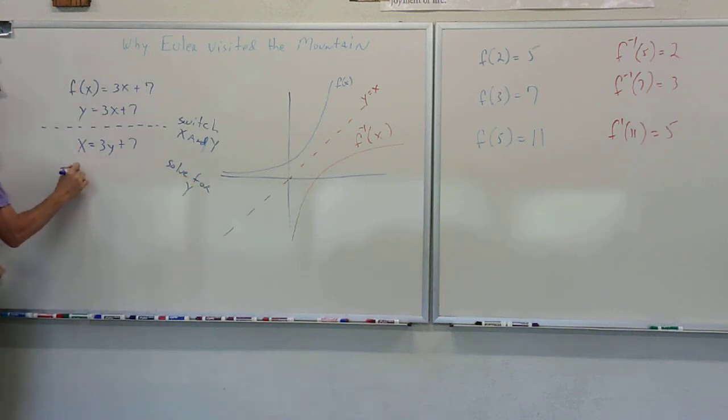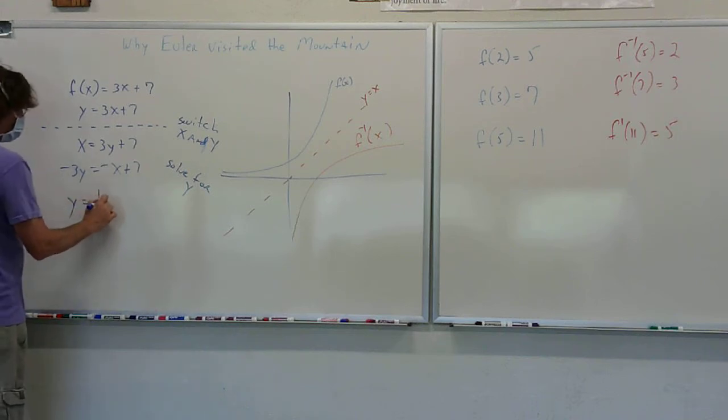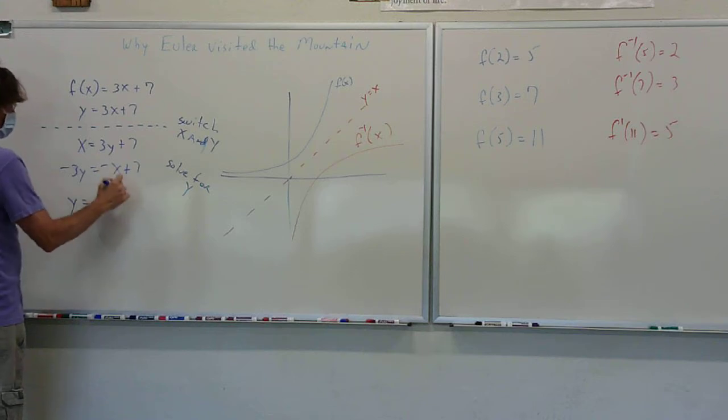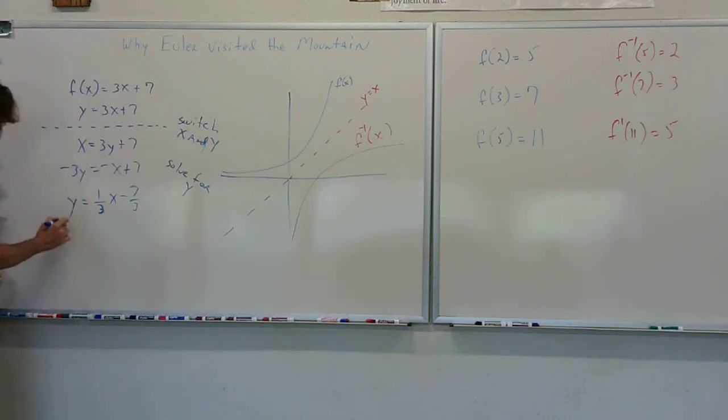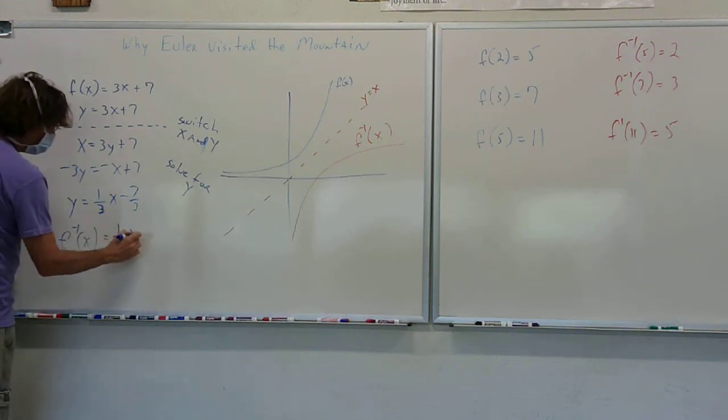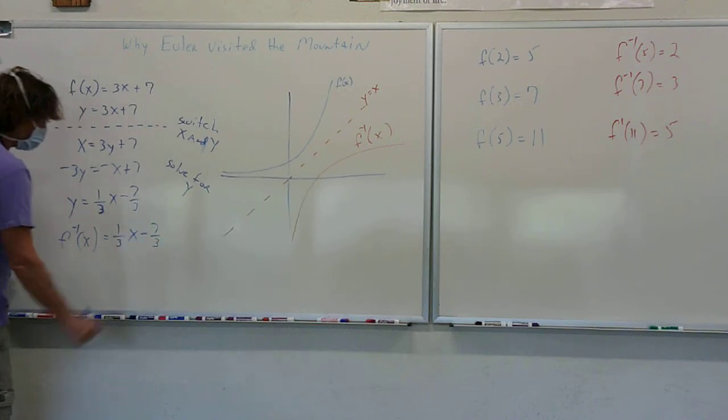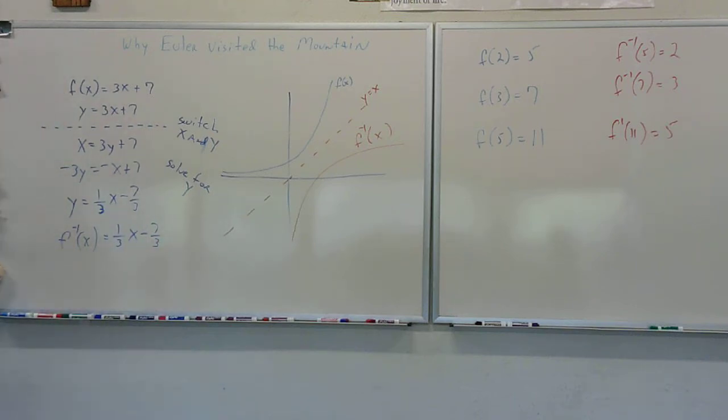So make that -3y equals -x plus 7. Multiply both sides by -1/3 or divide by -3. y equals 1/3 x minus 7/3. And then put f^-1 of x equals 1/3 x minus 7/3. Now, there's your original function, and there's your inverse.